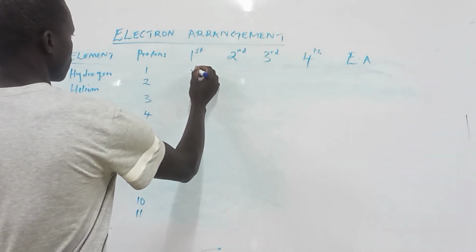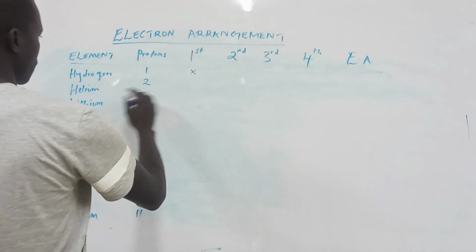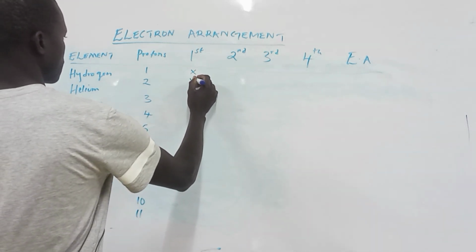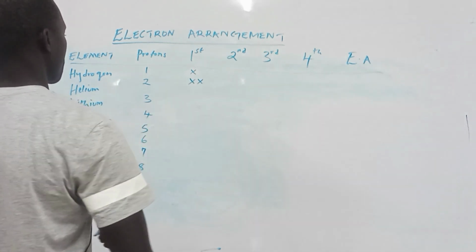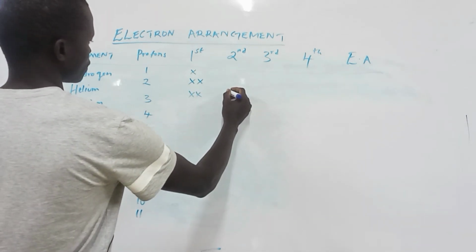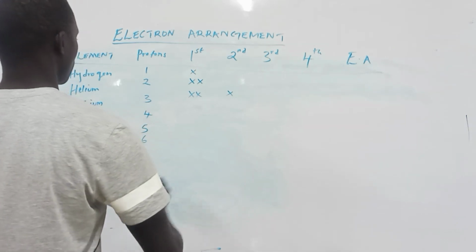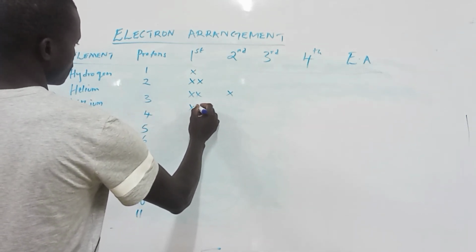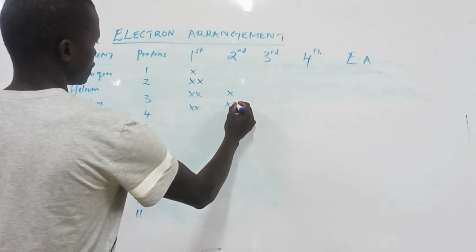So we'll have 1 cross. Helium, it is 2 crosses. Lithium, 2 maximum, the remaining one goes to the second energy level. Beryllium, 2, the remaining 2 in the second energy level.